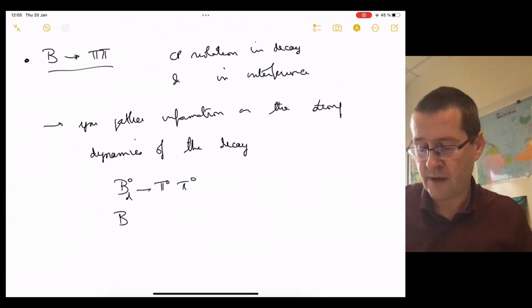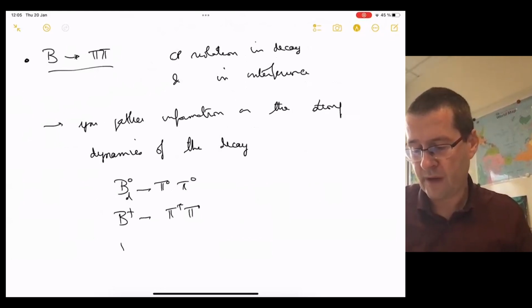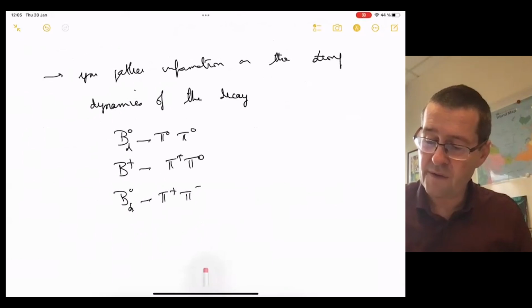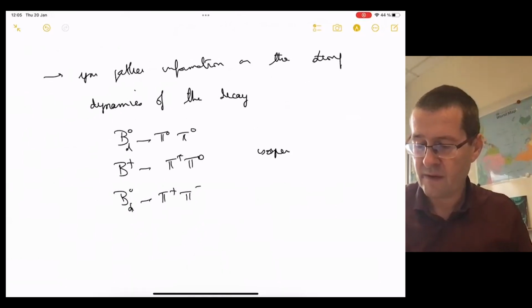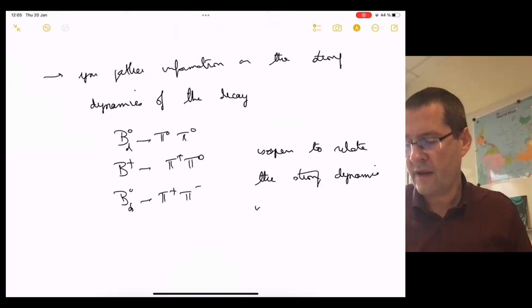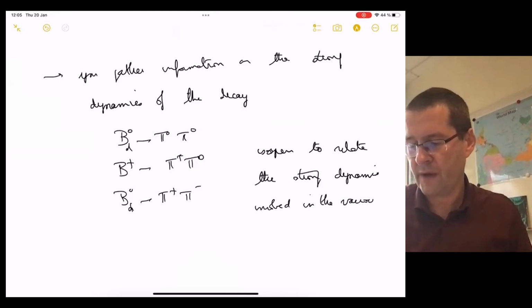So B plus to pi plus pi 0, and B0 to pi plus pi minus. And actually to use isospin to relate the strong dynamics involved in the various channels.